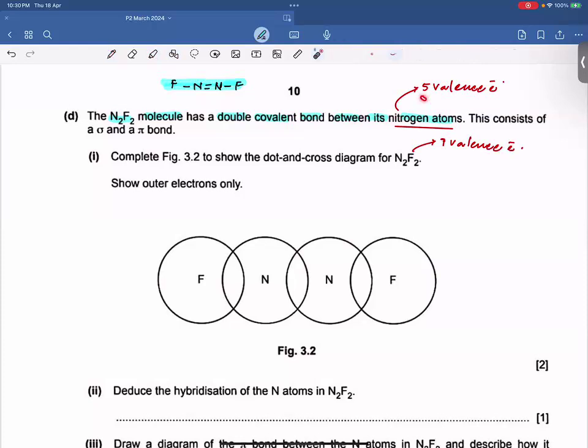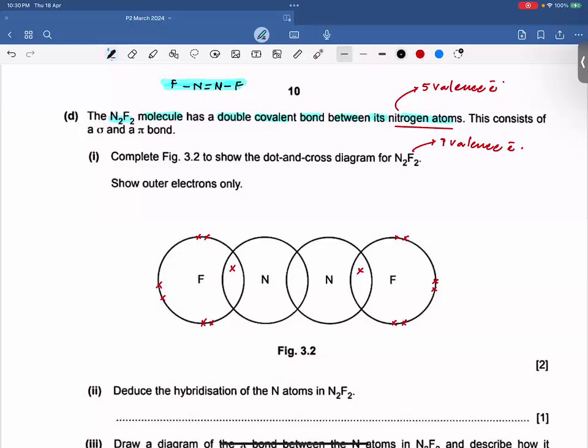So we need to distribute these electrons in such a way that we have a double bond between the nitrogen atoms. First of all, let me distribute the 7 electrons of fluorine, and 7 electrons of the other fluorine here.